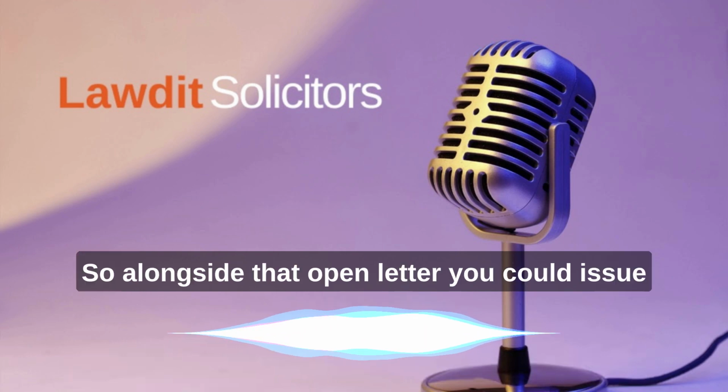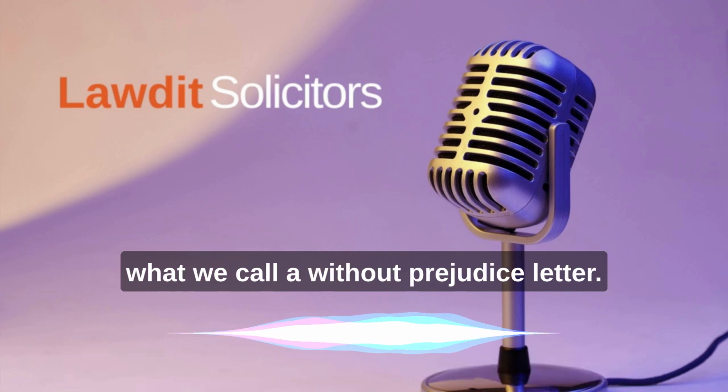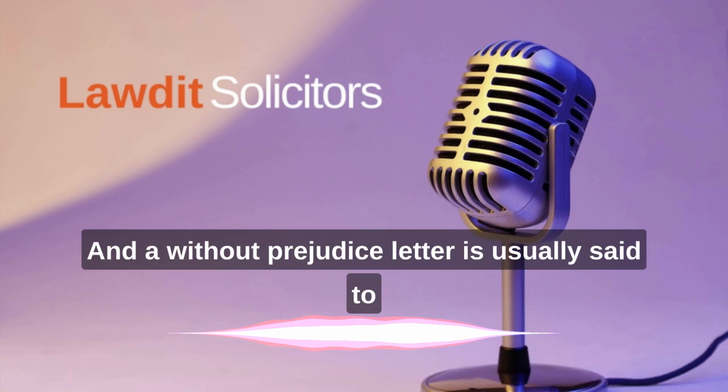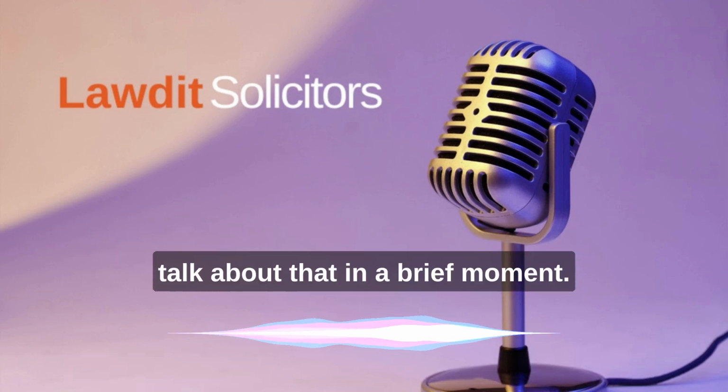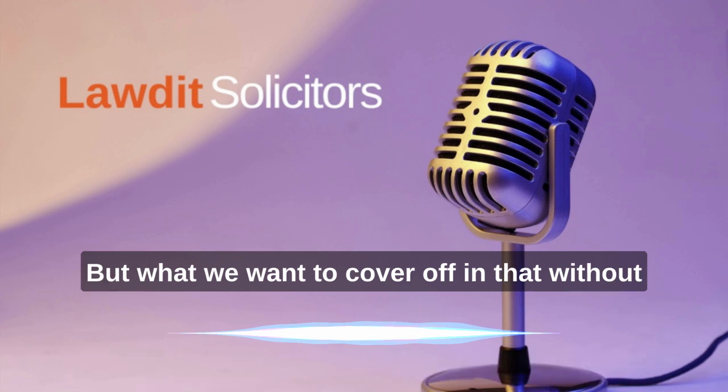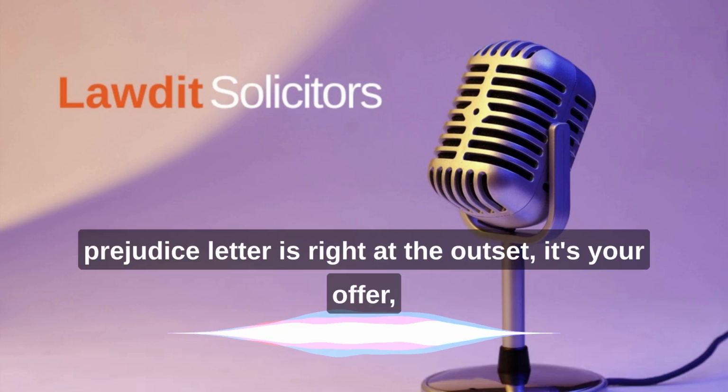So alongside that open letter, you could issue what we call a without prejudice letter. A without prejudice letter is usually said to be without prejudice, save as to costs. And we'll talk about that in a brief moment. But what we want to cover off in that without prejudice letter right at the outset is your offer.